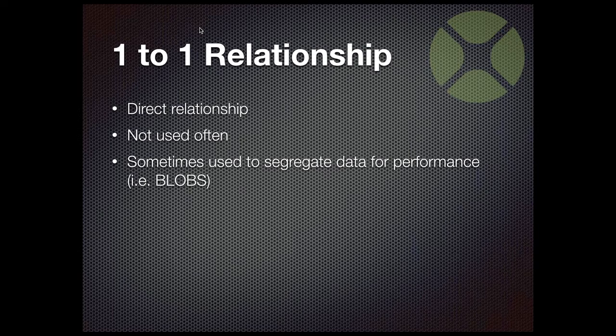But it's sometimes used to segregate data for performance. I've seen this done if you are using blobs, which you remember are binary large objects. If you are storing these sort of things in the database itself, so maybe pictures, it sometimes can improve performance by having a separate table whose only job is to store these blobs.